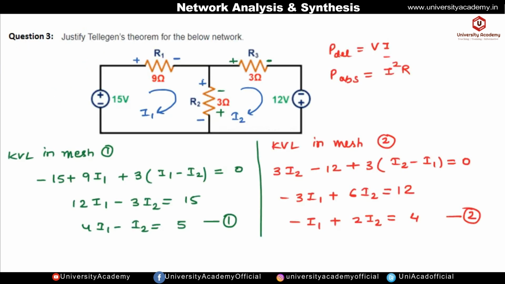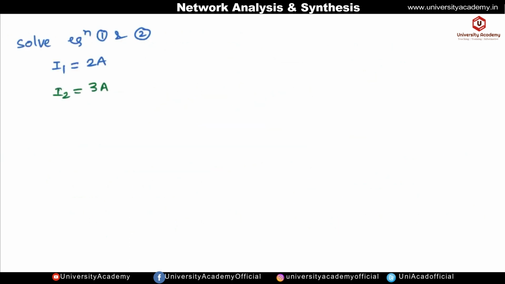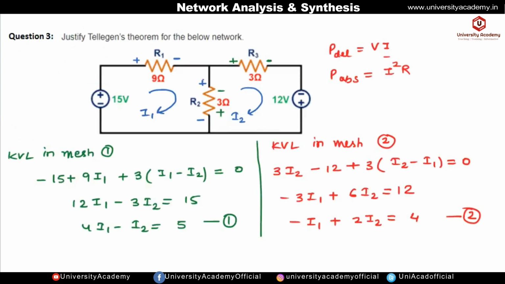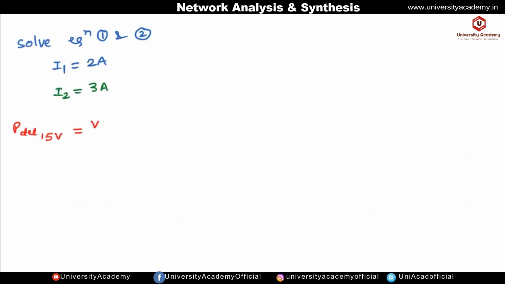Power delivered by the 15-volt voltage source is given by V into I1, since the current flowing through this voltage source is I1. The voltage source value is 15 and I1 current is 2, so 30 watt is delivered by the 15-volt voltage source.